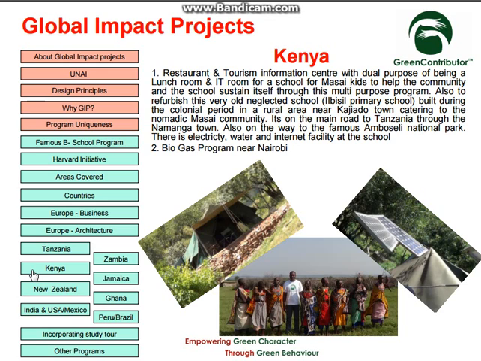So what we decided is that architect students will come up with a design to create something with a dual purpose. We're trying to get a shipping container and convert it into a restaurant and a tourism information center, which can also cater to the students of the school where the whole thing is going to be set up, because it faces the main highway.